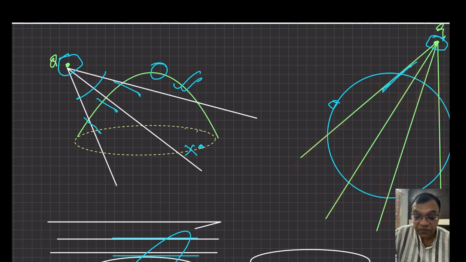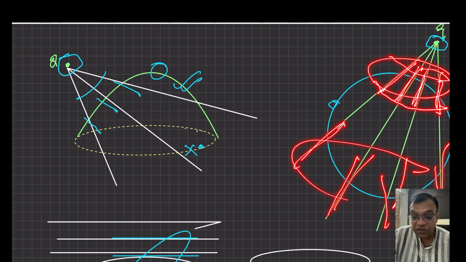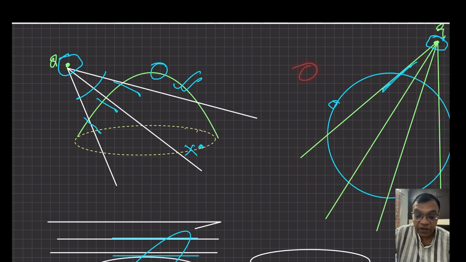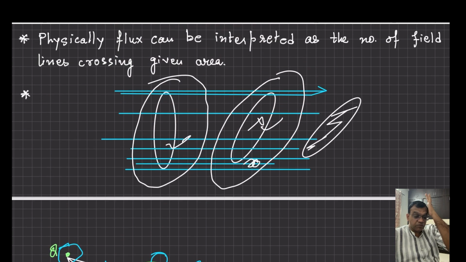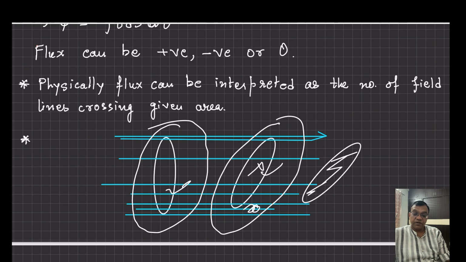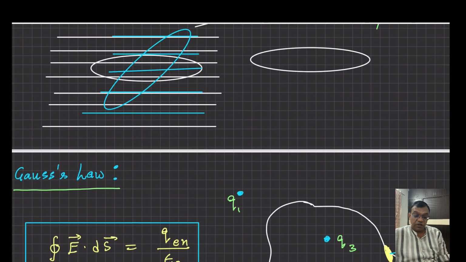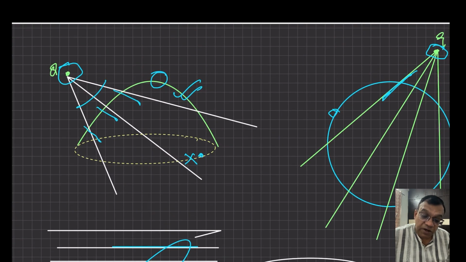That's why the net field lines entering or leaving the surface becomes 0, and the flux linked with this spherical surface, due to this point charge which is placed outside, will become 0. So flux is a very important thing to understand in terms of the electric lines of forces. Let's take some more examples here.